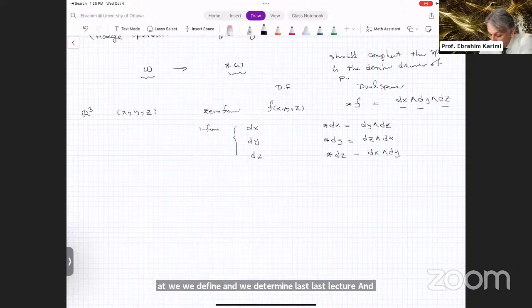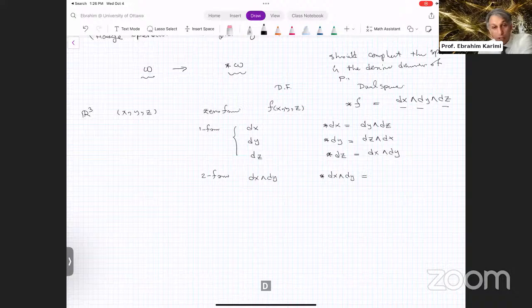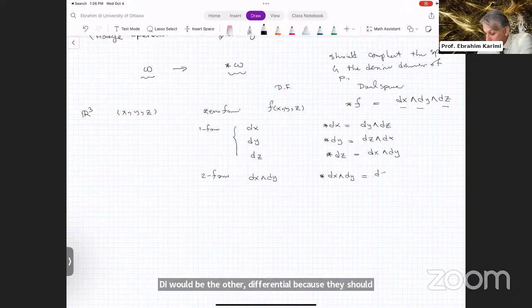And in the same way, you can get the two forms. For example, you can have dx dy, and definitely the star of dx dy will be the other differential, because they should complete the space. So it will be dz. So the positive cyclic permutation is also very important.